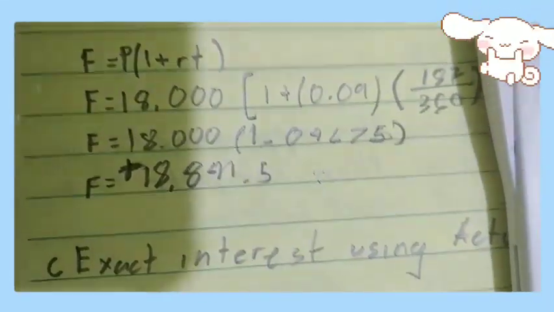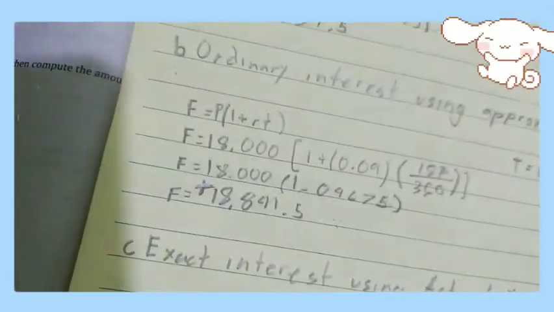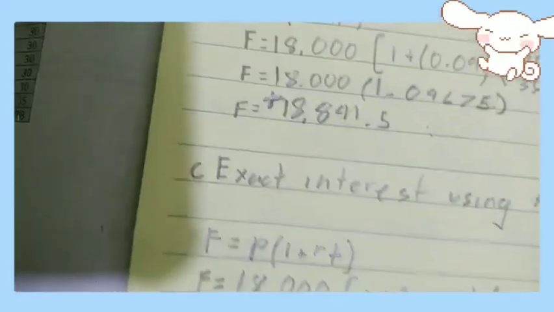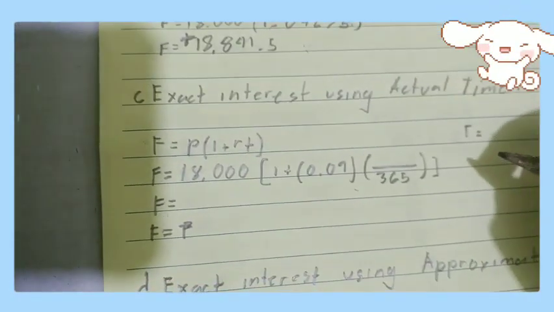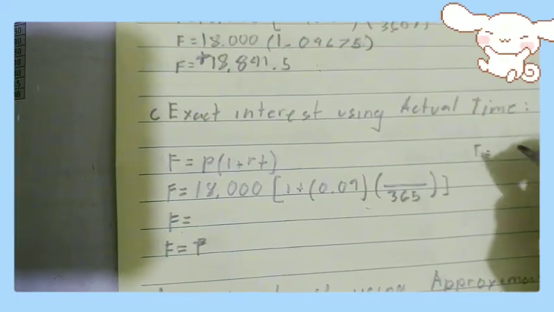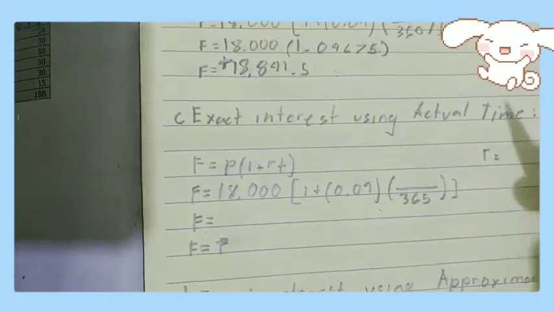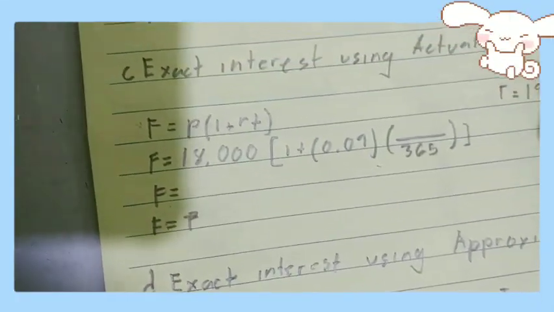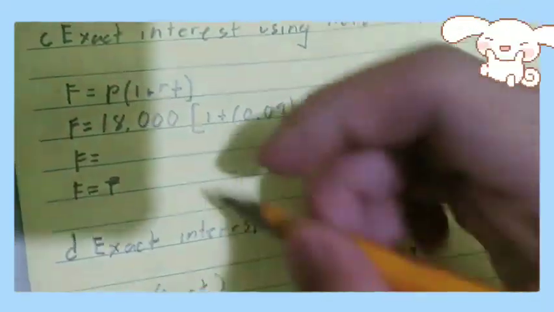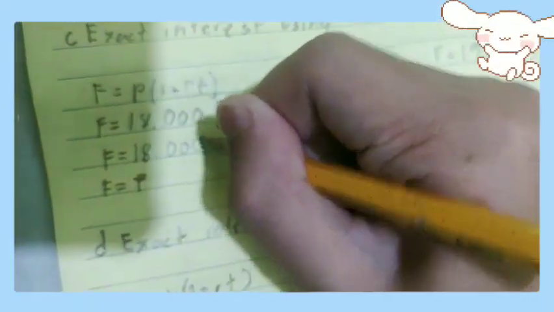So let's move on to letter C. Letter C is exact interest using actual time. Our T is its actual time. It's 191, and 18,000.